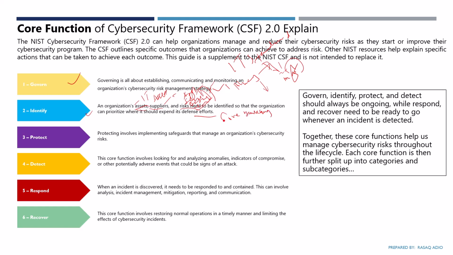So the core banking application is the critical application that needs to be managed and defended at any point in time. If it goes down, it means that all the activities of the bank for the day will be put on hold straight away. And as a result, it's going to impact the organization's bottom line and also reputation. So you have to identify all the assets that need to be protected.